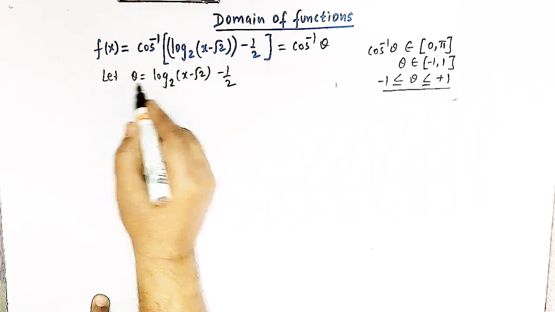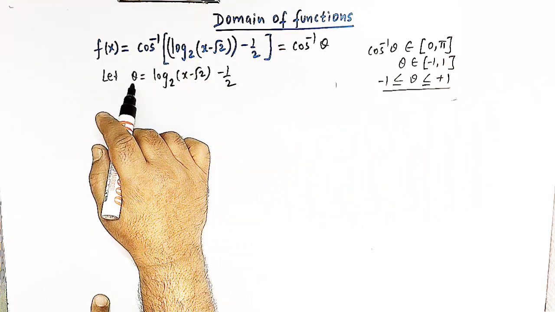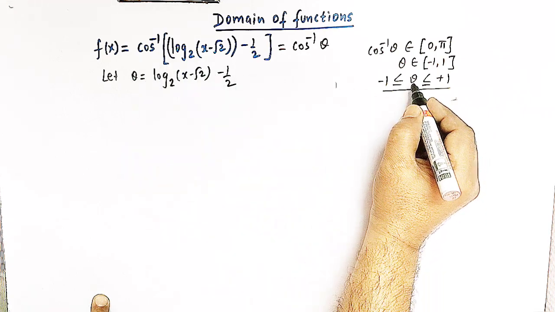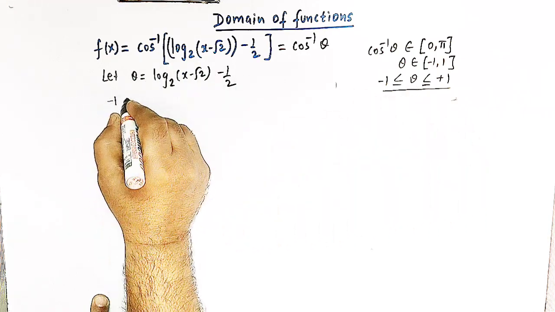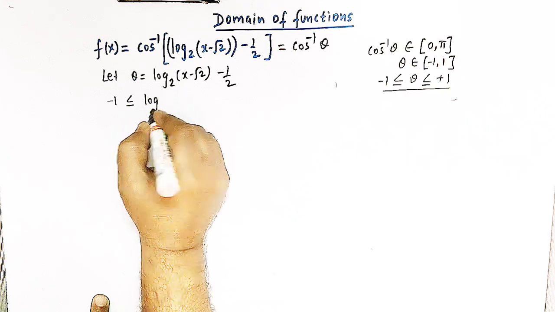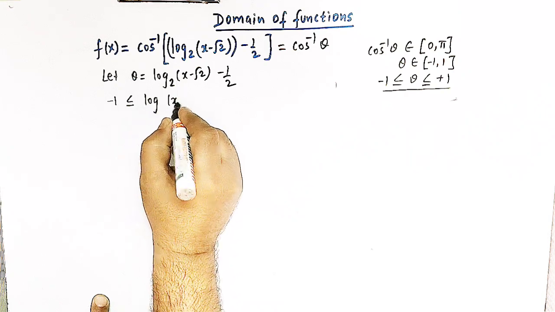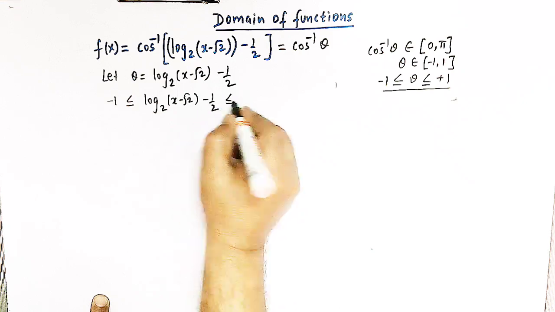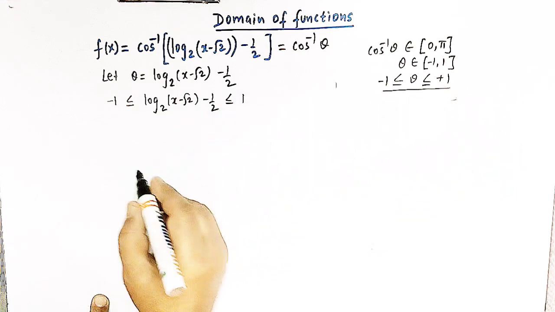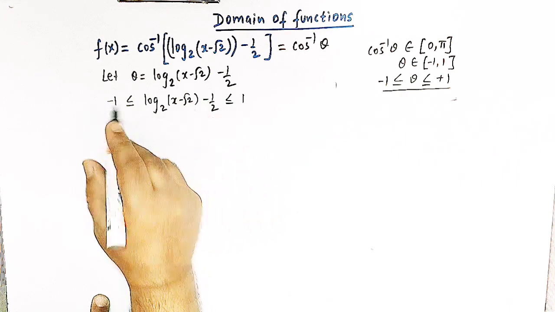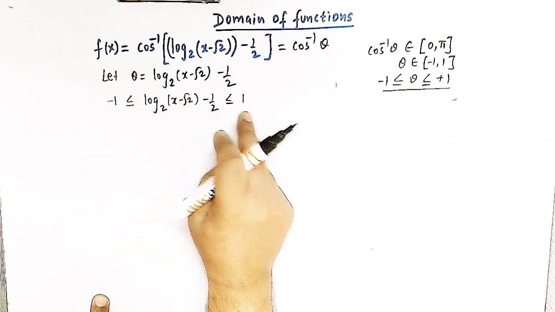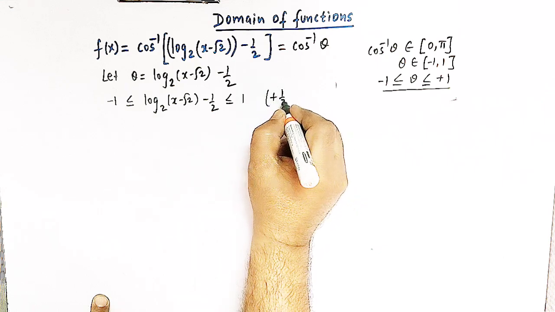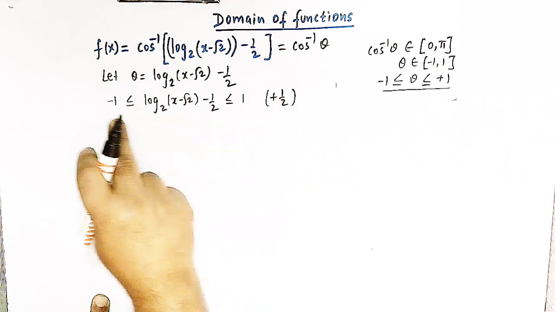So here we have this expression equal to theta. So let us substitute this value of theta in this inequality. So we have now minus 1, here we have log of (x minus root 2) to the base 2 minus half, and here we have 1, that is plus 1. So let us solve this inequality. Here we have minus half, so let us add half to this inequality throughout.